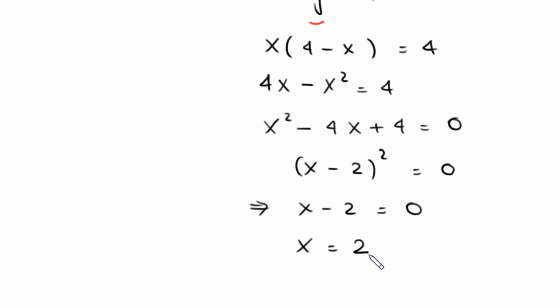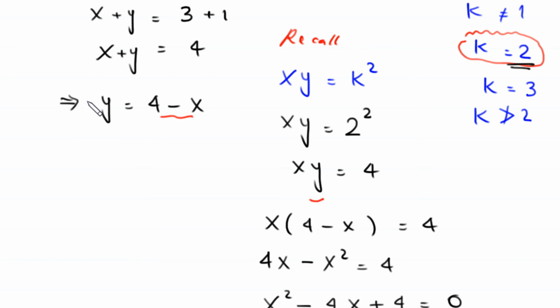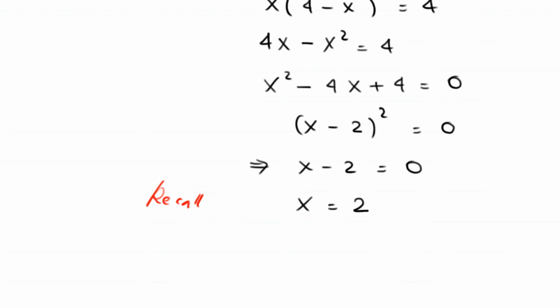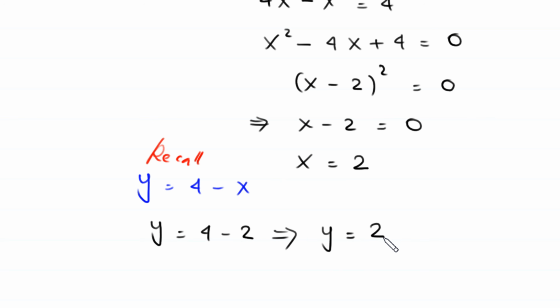And to find the value of y, we recall the equation y is equal to 4 minus x. So y will be equal to 4 minus 2, and this implies that y is equal to 2.